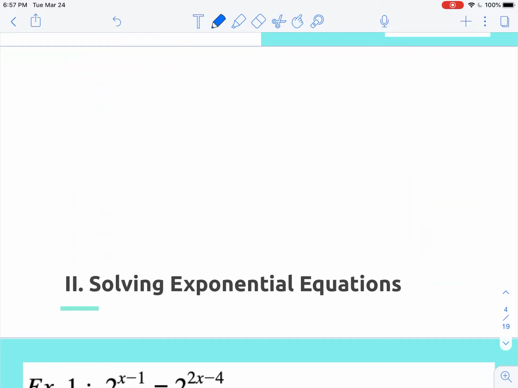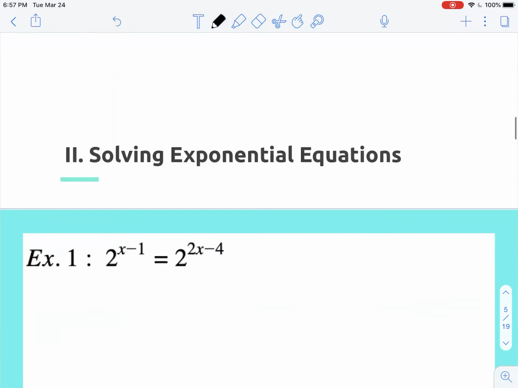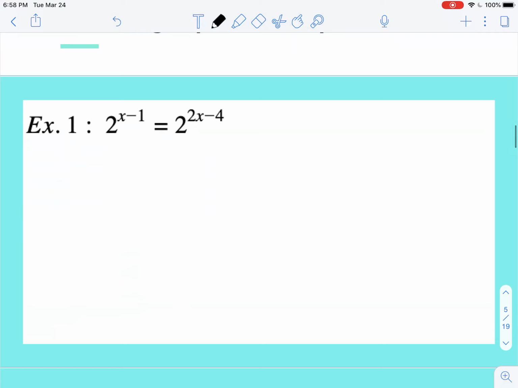All right, so let's take a look at some exponential equations, solving them. Example 1: 2 to the x minus 1 equals 2 to the 2x minus 4.